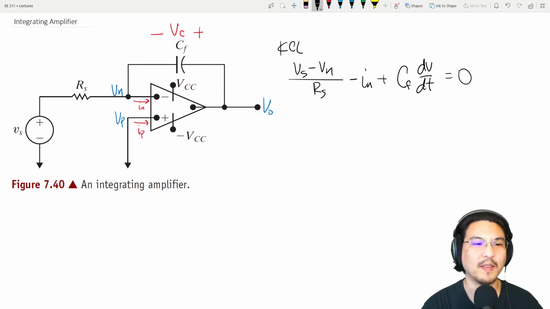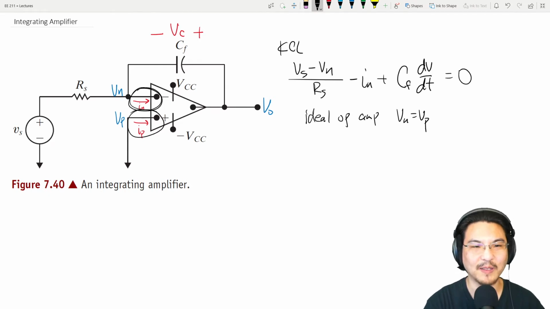Okay. And now let's make some assumptions for an ideal op-amp. The voltage here is the same as the voltage here. Vn equals Vp. And then also for an ideal op-amp, the current going into the inverting input, current going into the non-inverting input, they're both 0.